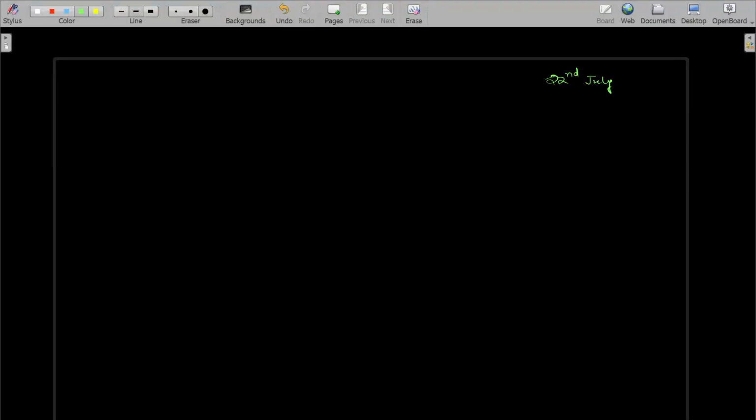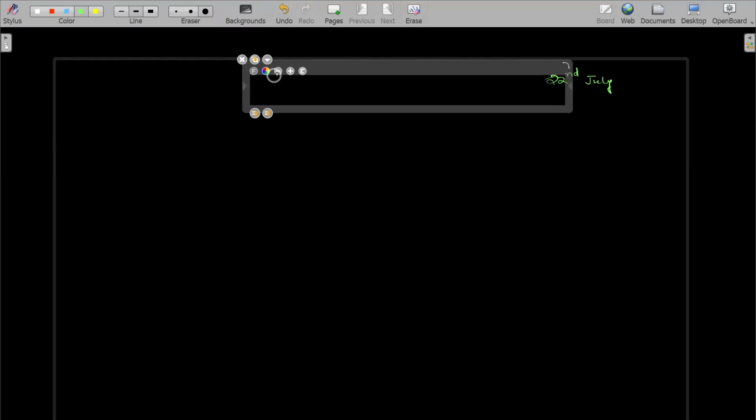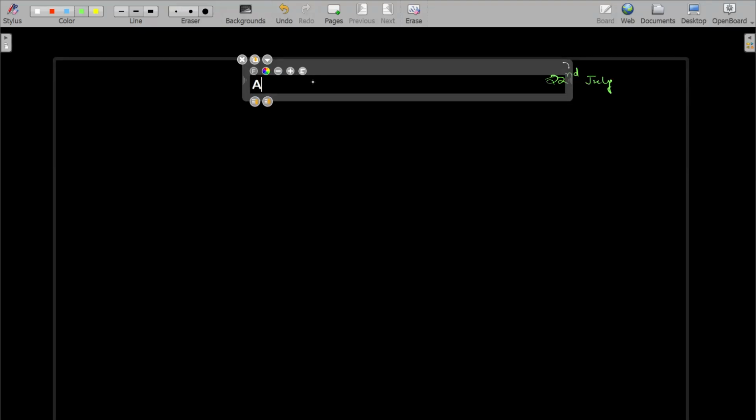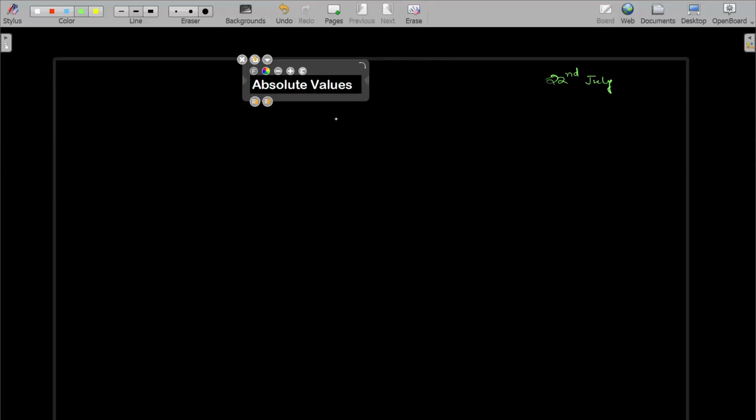Yeah. So why do we get a positive answer every time when we put a number inside absolute value? So absolute values. And what is the symbol for absolute values? It's like two vertical lines, yes.